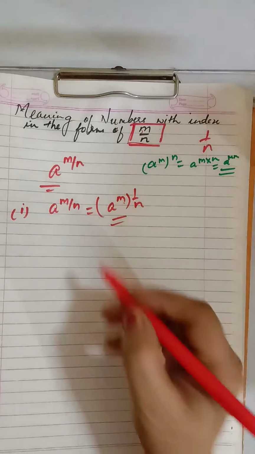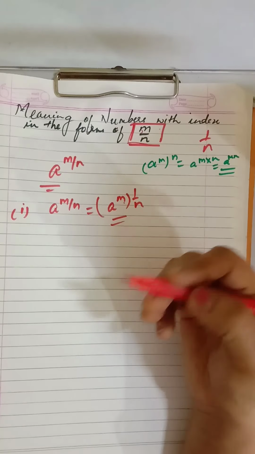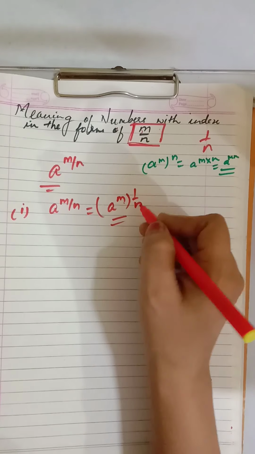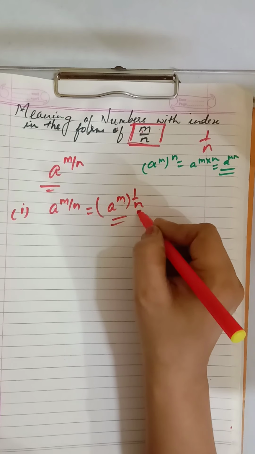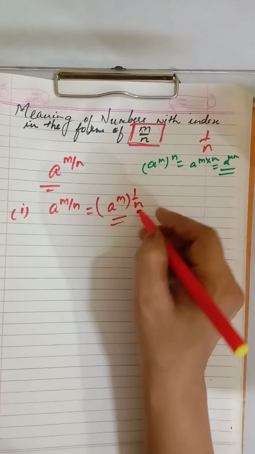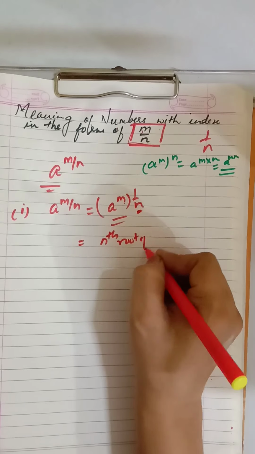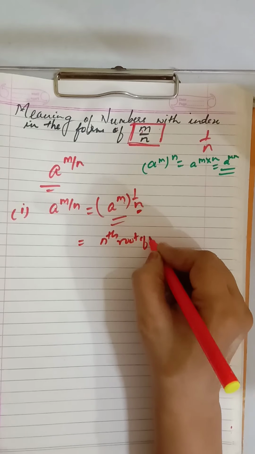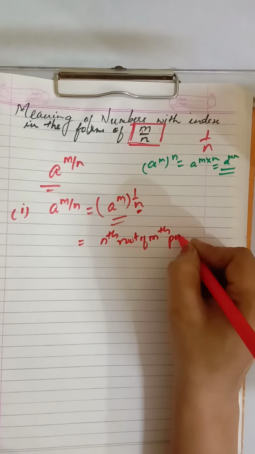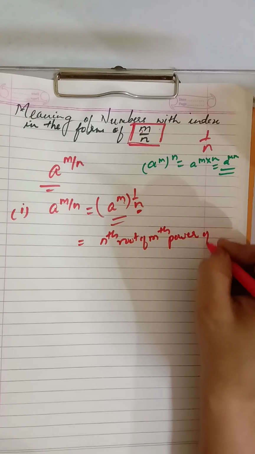Now here, a raised to m whole raised to 1 upon n, I can write in words as follows. This 1 upon n means it is in the denominator, and we know 1 upon n is the nth root. So we can write this as the nth root of the mth power of a.